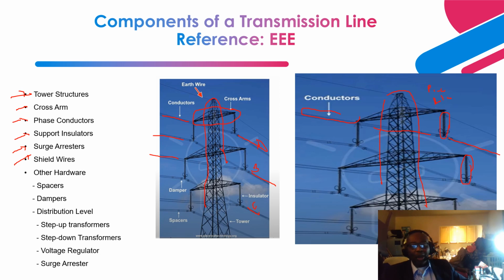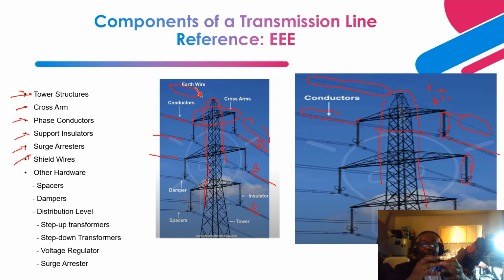Next are shield wires. This is an example of a shield wire. It is installed on top of the tower, and sometimes some people call it earth wire or ground wire. What is its function?